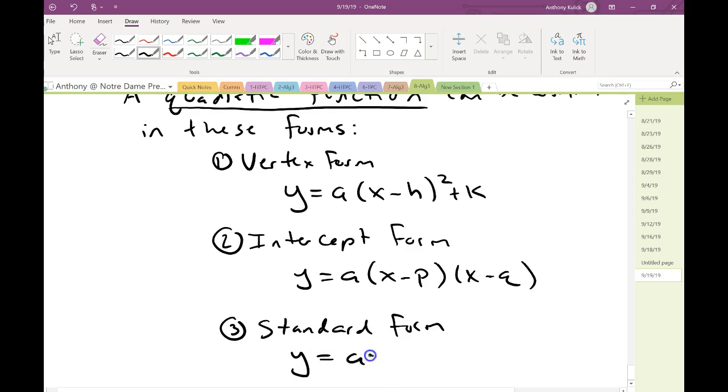That's y equals ax squared plus bx plus c. Juan? P and q in number 2. Yes, x minus p and x minus q.